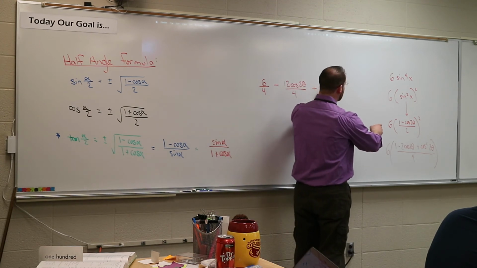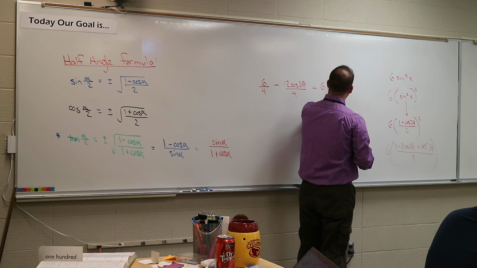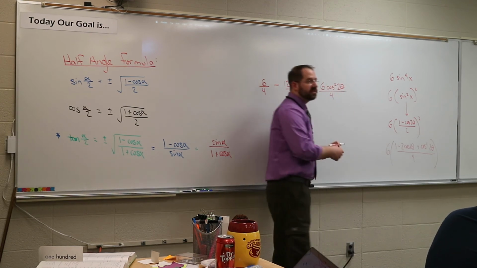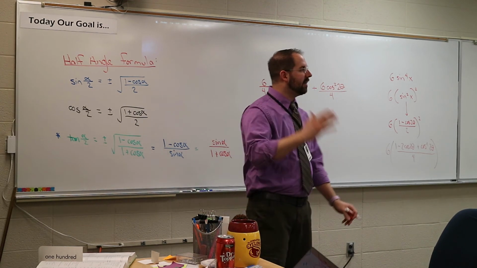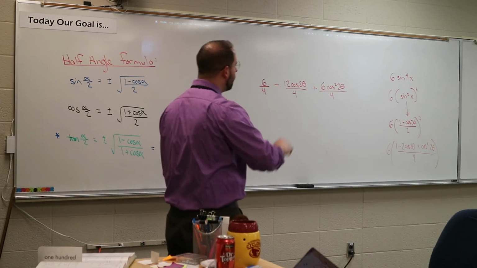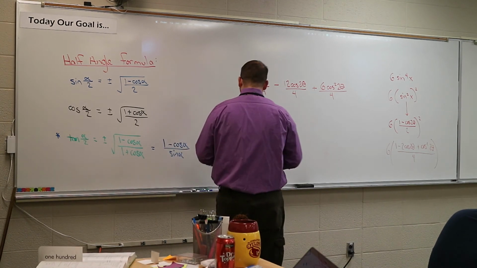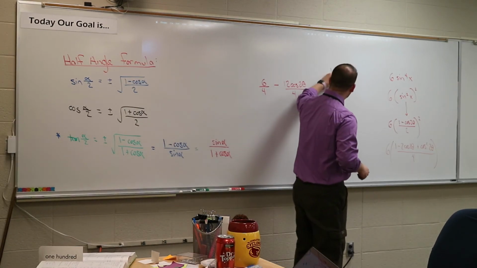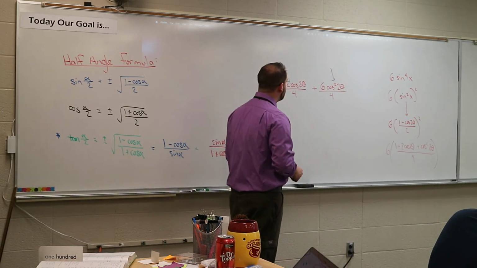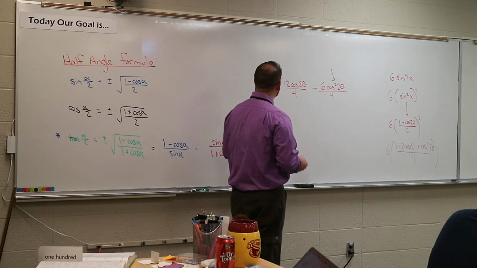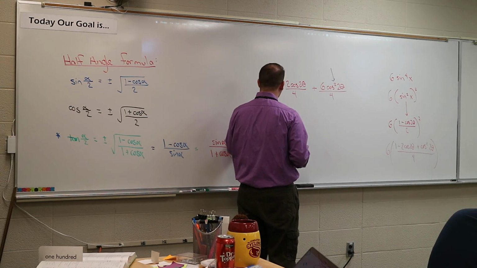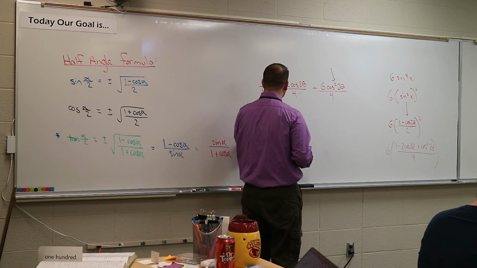And 6 cosine squared 2 theta over 4. So I distributed the 6 through the top, and I divided everything by 4, because that's what that problem is saying. And then what I'll have to do is substitute out this piece, because that one still has a square on it. So if I actually do it, here's what I have so far. And I'm not going to simplify these 12s and 4s at all yet.